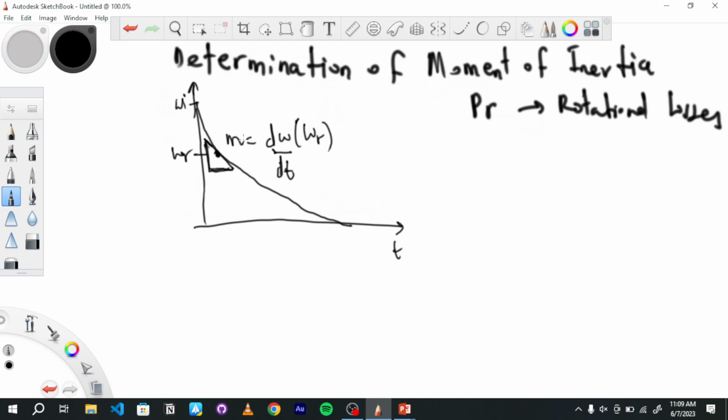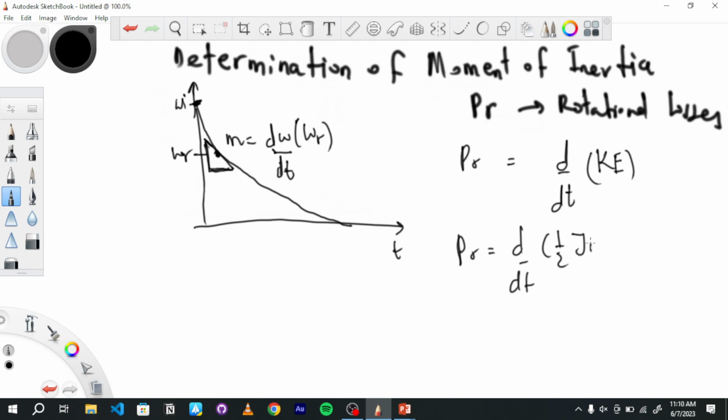Now, don't forget that when you cut off the power source and the motor speed is reduced, this rotational loss PR is given by the rate of change of kinetic energy. So PR will be equal to d of K, which is half J omega squared.